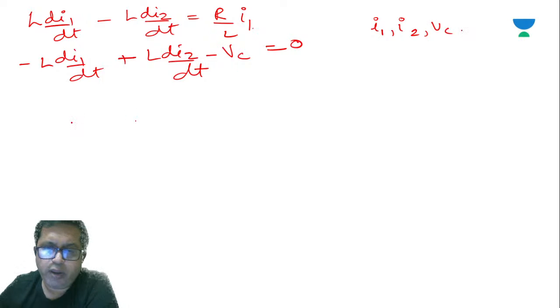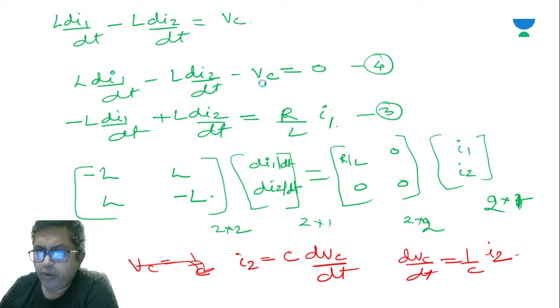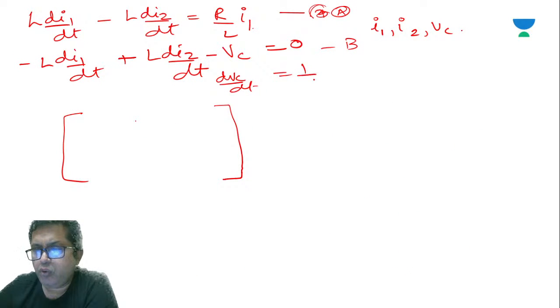So the state variable matrix will be like this, with these two equations A, B, and the equation dVc by dt equal to 1 by C i2.